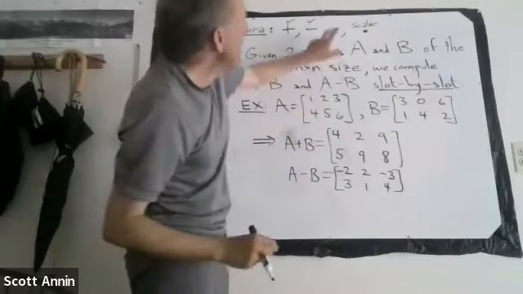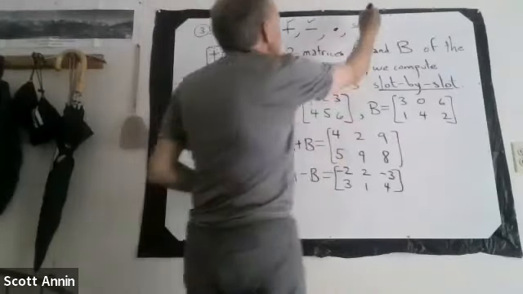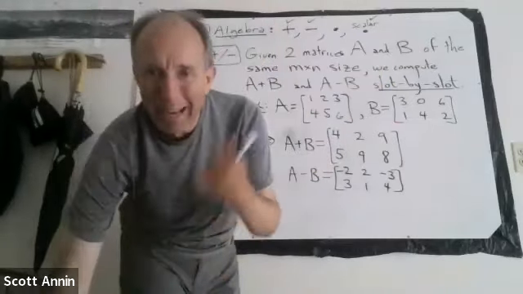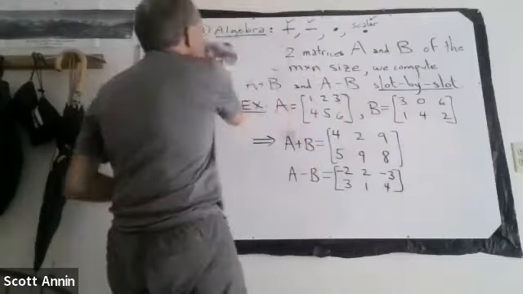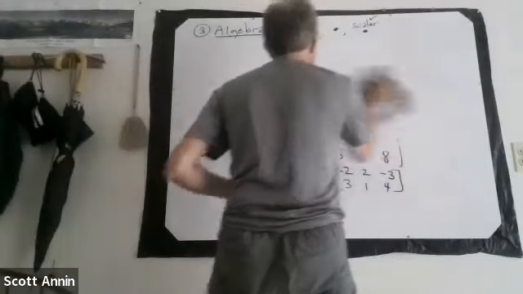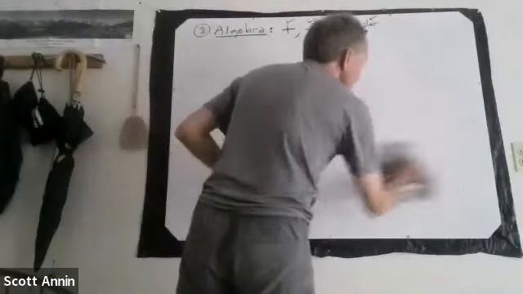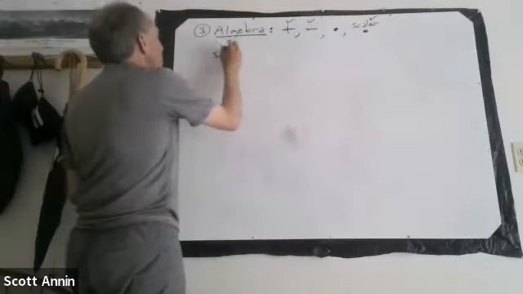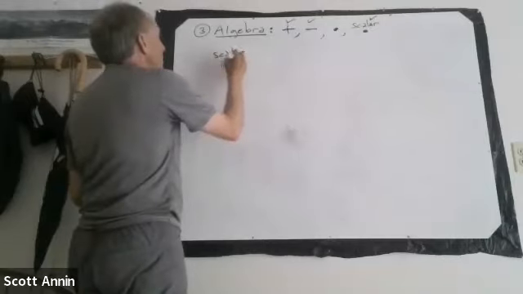Okay, let me skip over multiplication for a minute. I want to talk next about the scalar multiplication. This is where we take a matrix and we just want to multiply it by a number. Okay, this turns out to be pretty easy as well. So let me talk here about scalar multiplication.